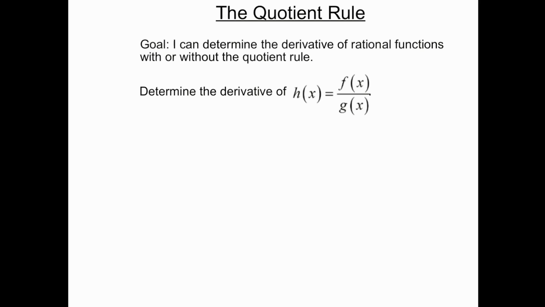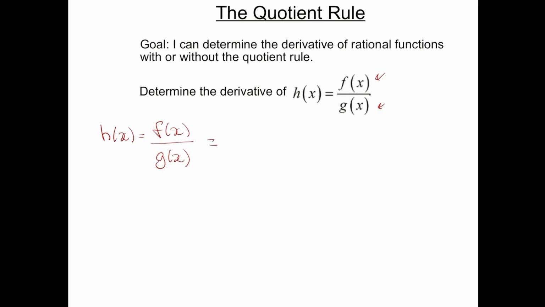So determine the derivative of h at x if it equals f at x over g at x. And this f at x, g at x, these are just two different functions, one being divided by the other, the same as what we've been seeing. So h at x is equal to f at x all over g at x.